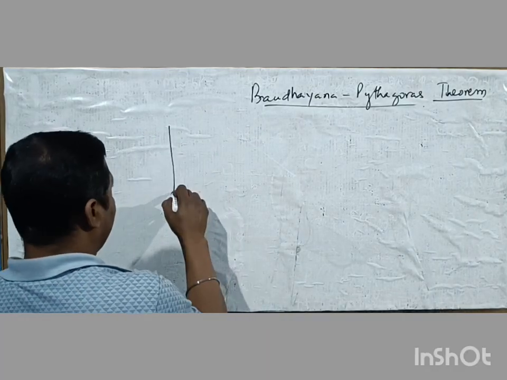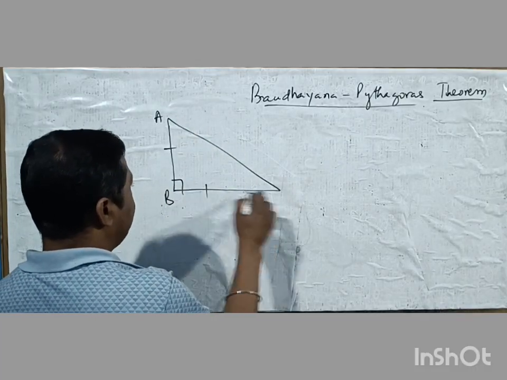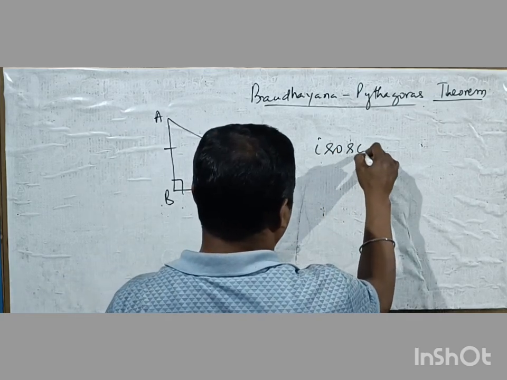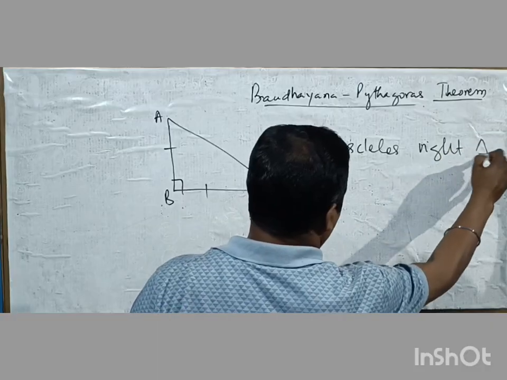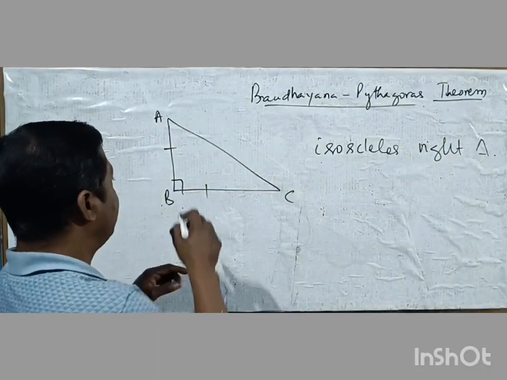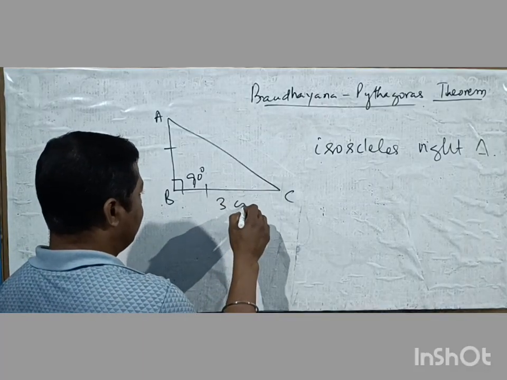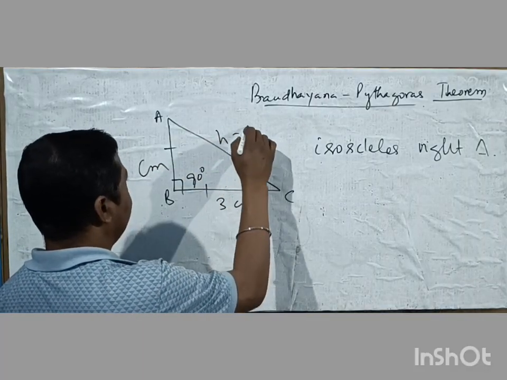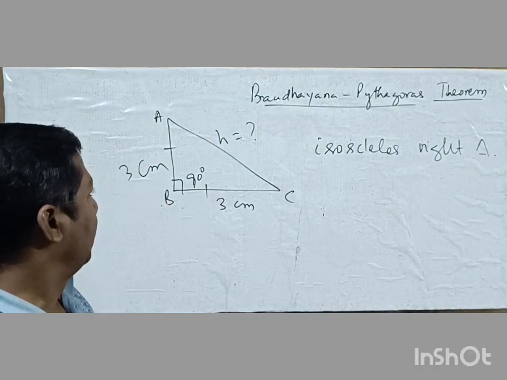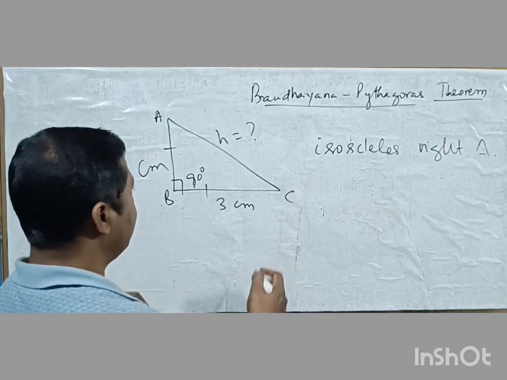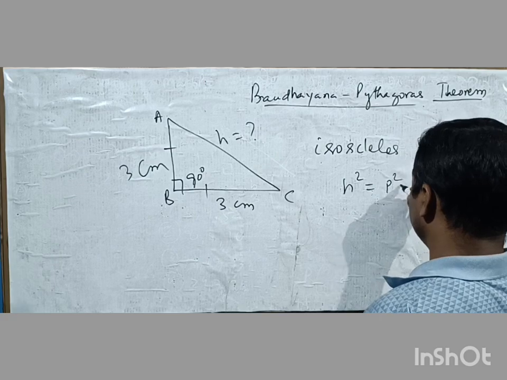Suppose ABC is an isosceles right angle triangle where the angle B is 90 degrees, and the equal side is given as 3 cm. Then what will be the hypotenuse? The hypotenuse squared will be equal to the sum of the squares of the two equal sides.